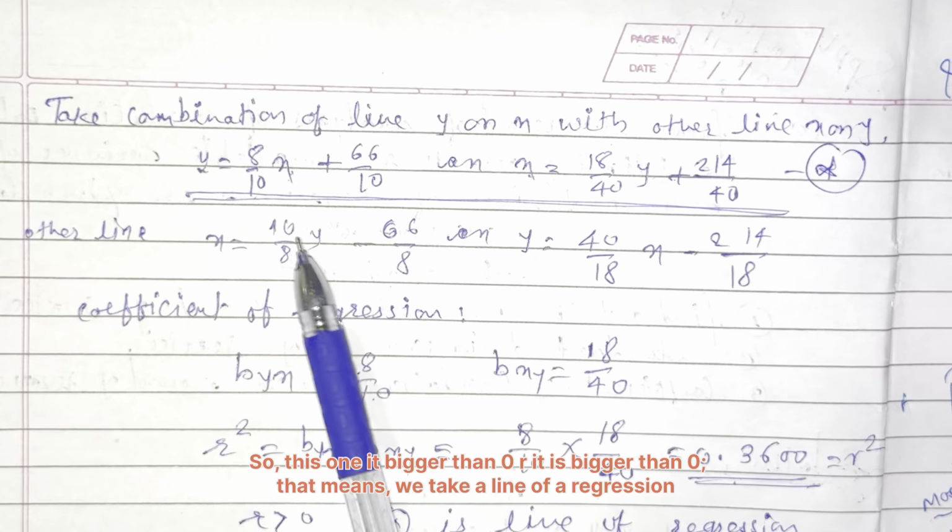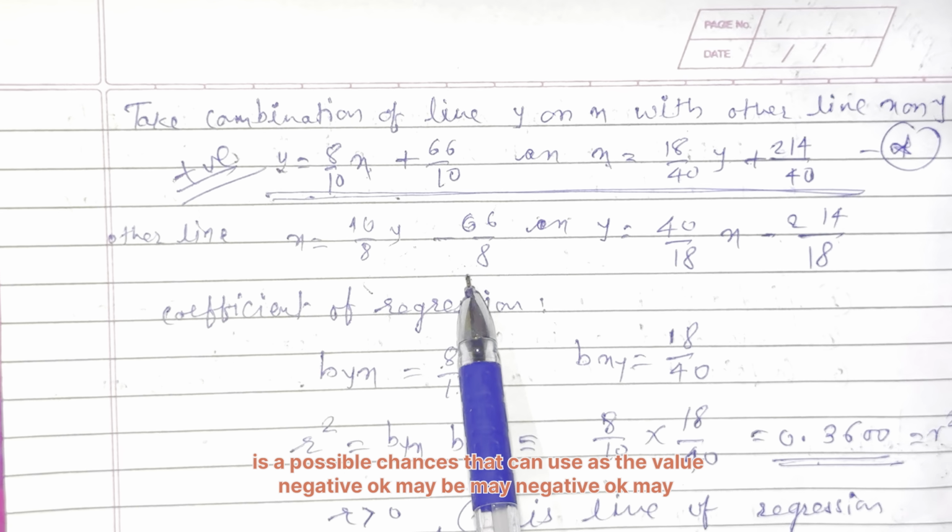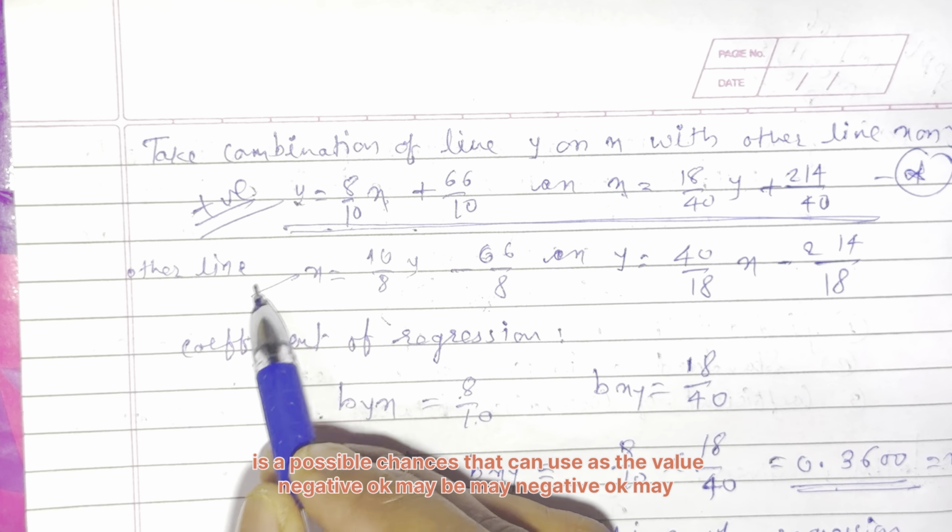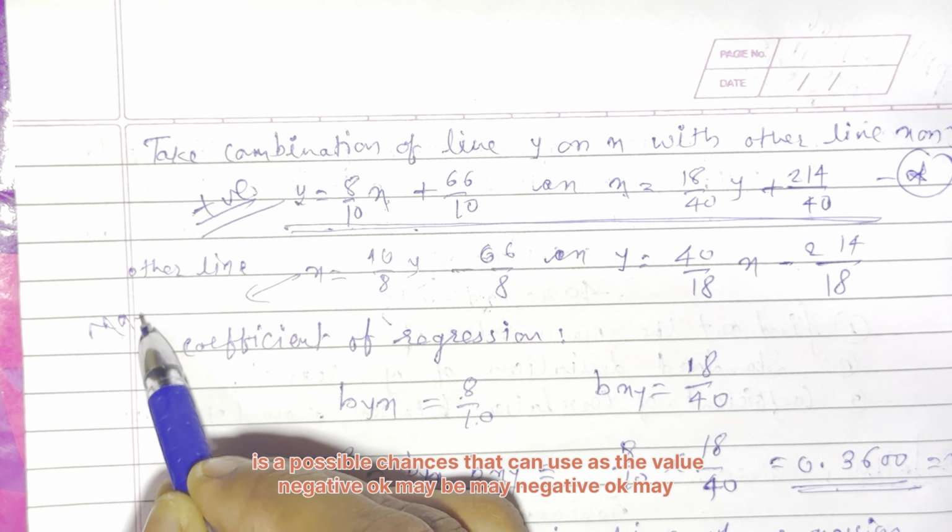Since this one is positive and this one is positive, whatever value you select over here, the answer will be positive. But as we have a negative over here, maybe you will get a negative answer. These lines never give us a negative; this always gives a positive value, while the other may be negative.